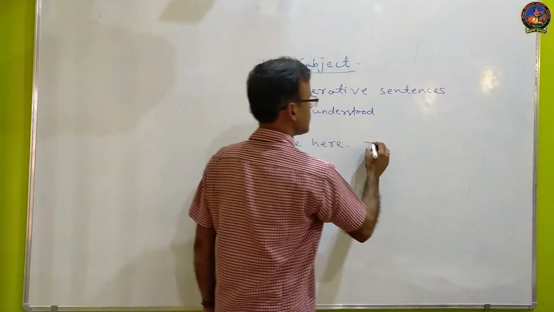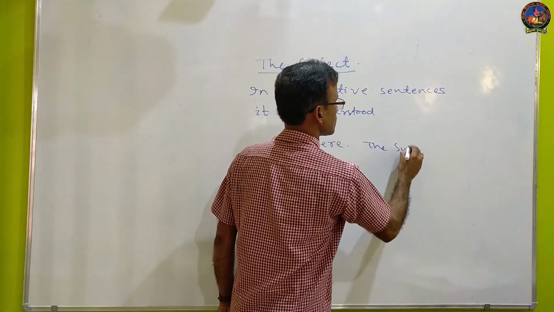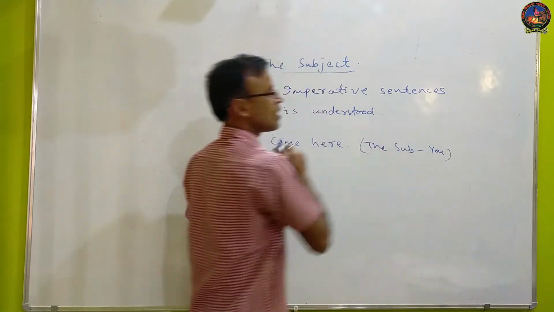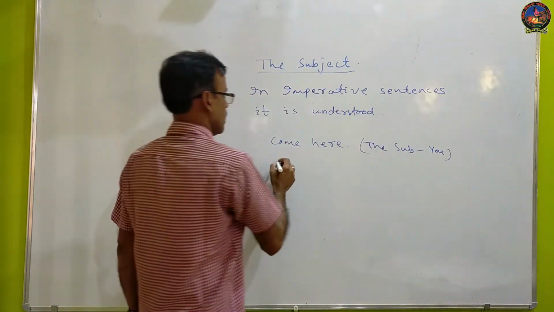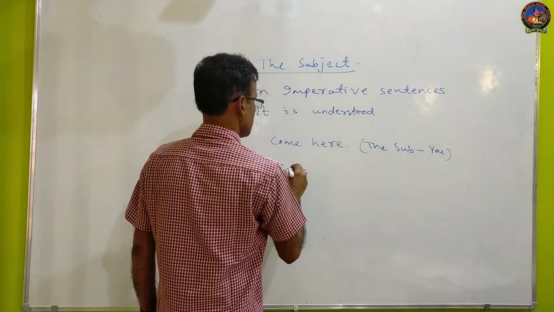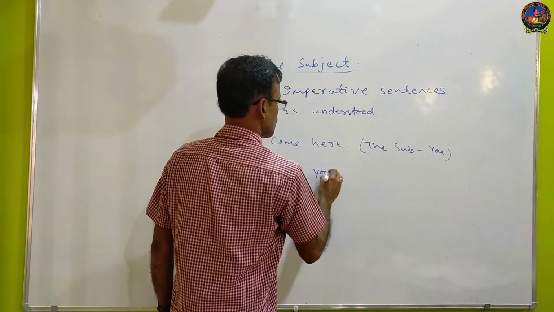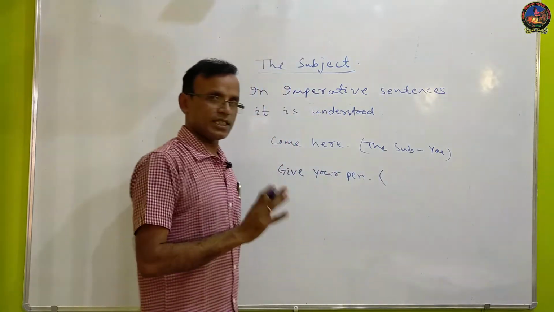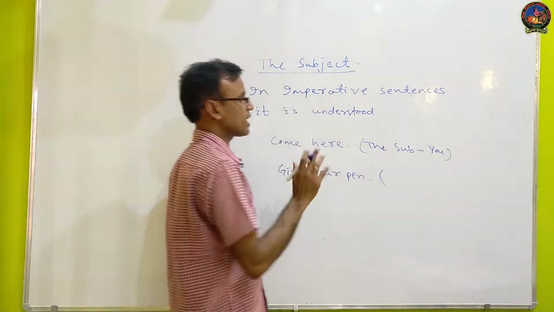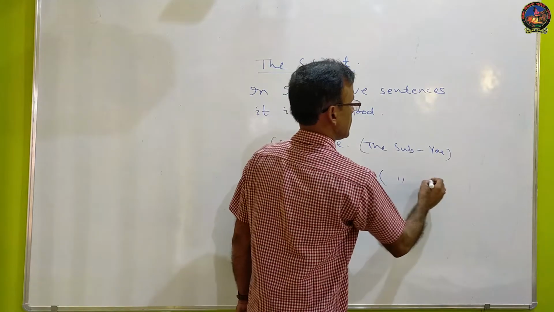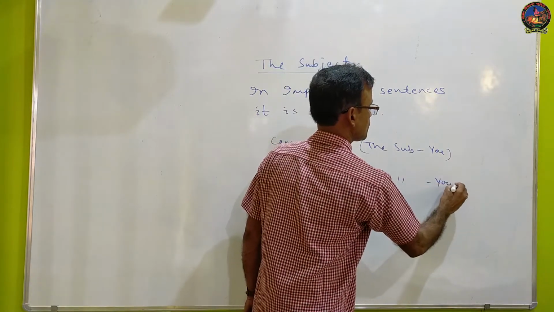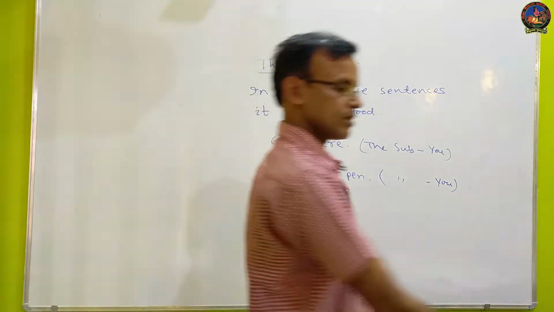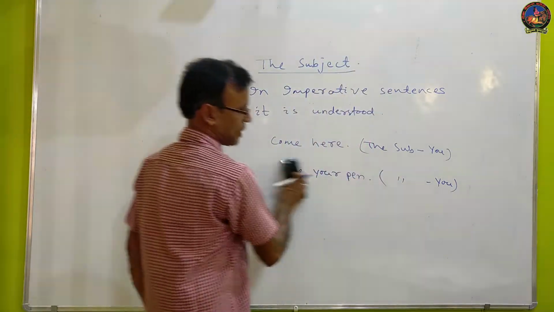The subject is you and it is understood. Or, give me your pen. Here the subject is also hidden, not written, and it is also you. Next, we will know about the predicate.